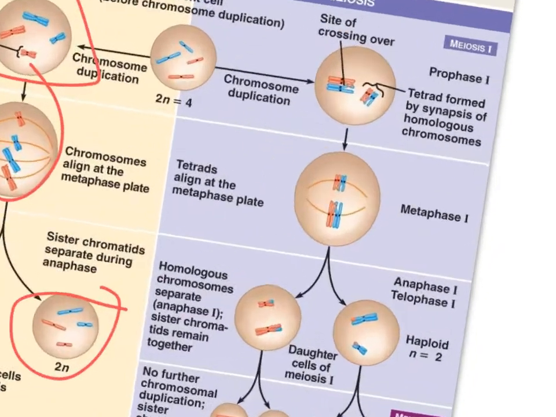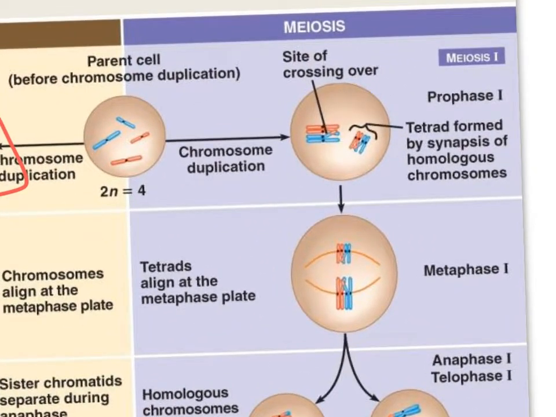The first thing that happens is these chromosomes, remember they're duplicated, and they form what are called tetrads, pairs of homologous chromosomes from mother and father. From the individual's mother and father, not the offspring.